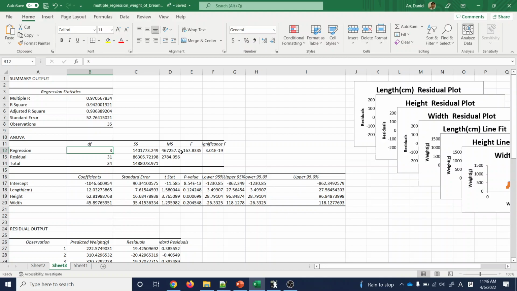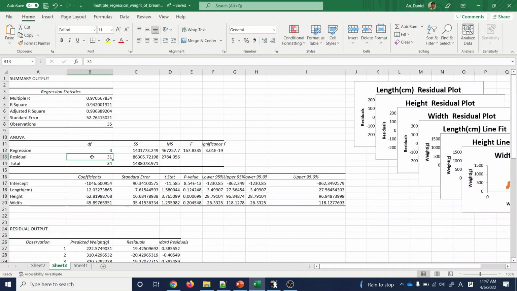And then the degrees of freedom of the residual is what we usually talked about as degrees of freedom in regression. A single linear regression just has one predictor variable, right?